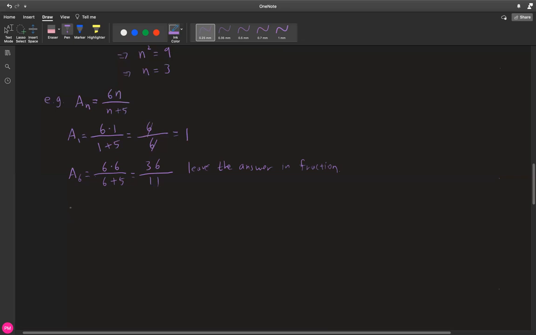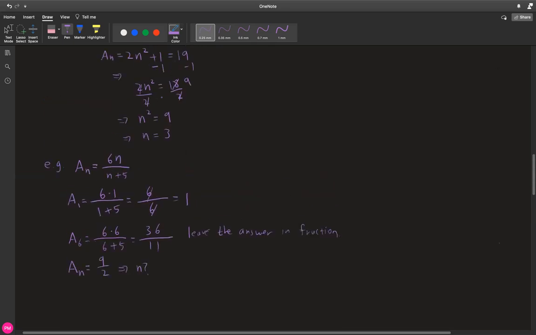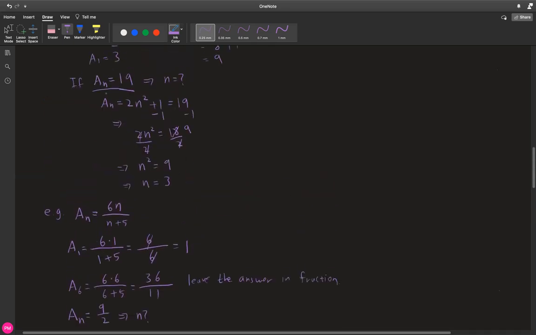So, something similar to the previous problem: what if you're given a problem saying that a sub n is given as 9 over 2? Then what is n? So it's simply the same problem. You are approaching this problem as we did up here with number 19.